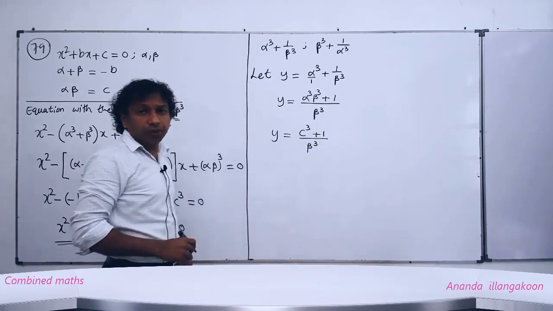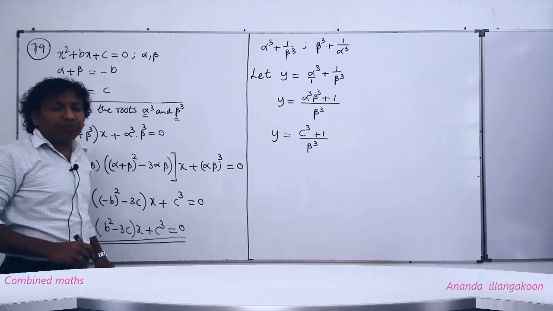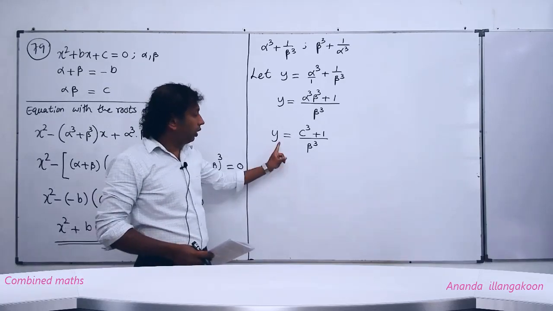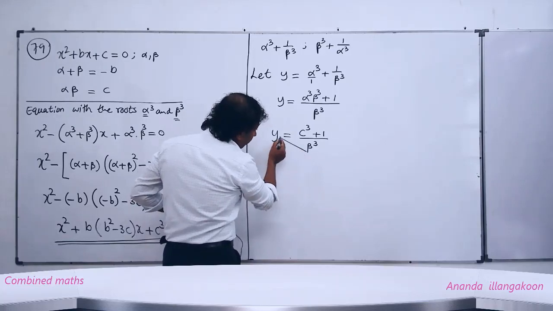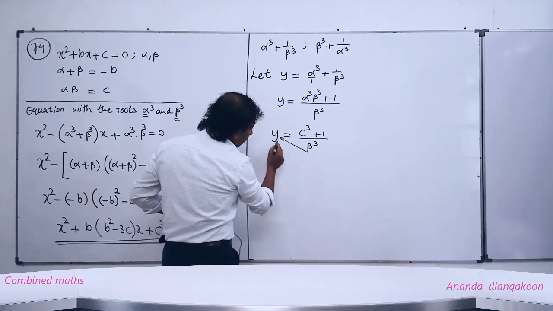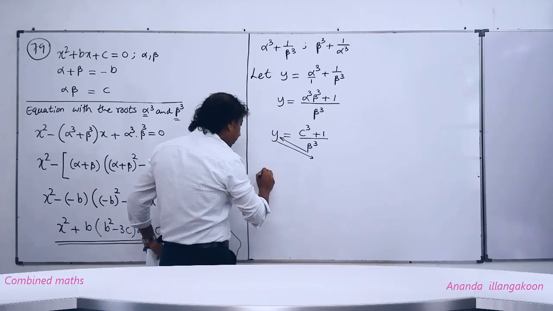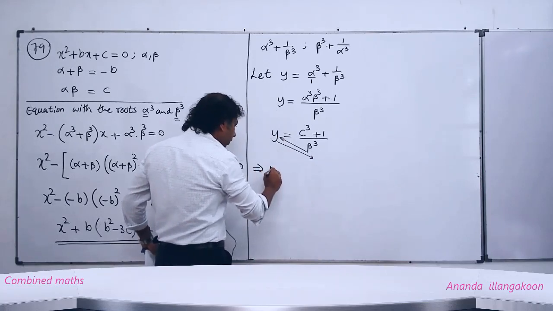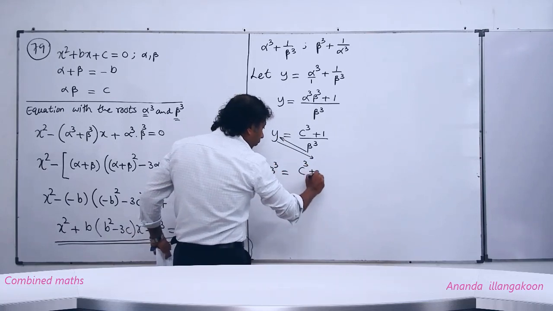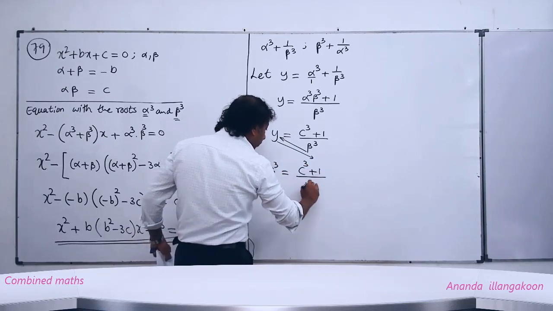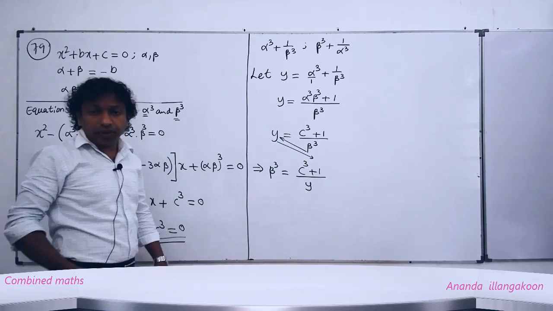So y equals c cube plus 1 divided by beta cube. Now we make beta cube the subject in terms of this y. We use cross multiplication, beta cube to here, y here. Then we get beta cube is equal to c cube plus 1 divided by y.